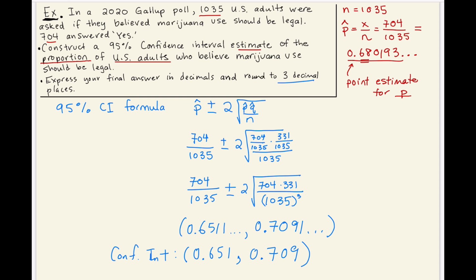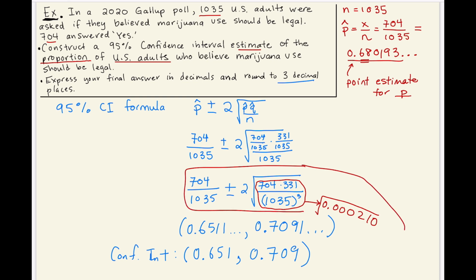So, for example, if I had to enter this into my calculator before I took the square root, I would want to make sure to go out quite a few decimal places. So, for example, I could enter this number and then enter that under the square root, and that would allow me to estimate this expression.